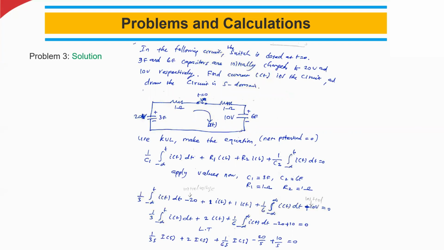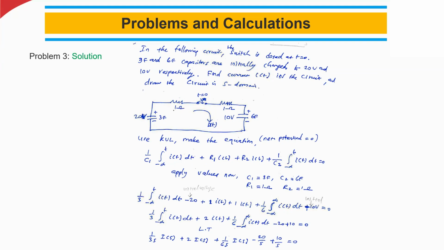So this is the circuit, and now you have to write the KVL, and the KVL will become like this. So we are assuming all the voltage drops equal to 0. So here 1 divided by C1 integral from minus infinity to t of I of t dt, and this is R1, this is R2. Here you can see two resistors.